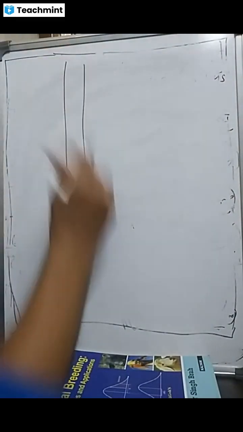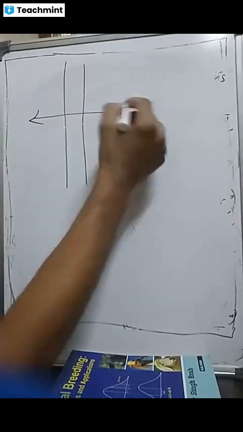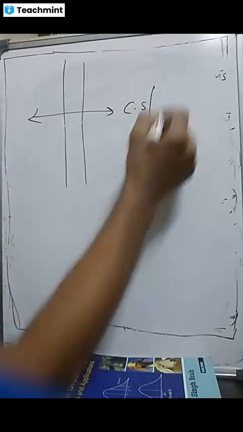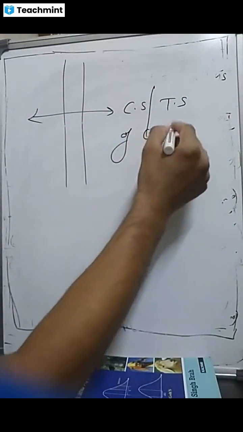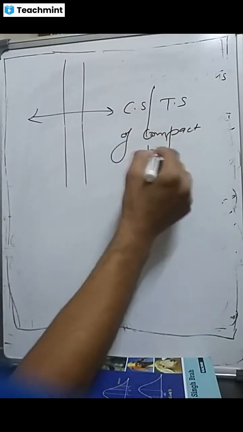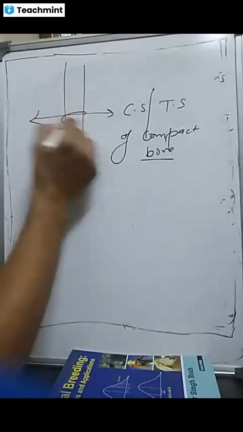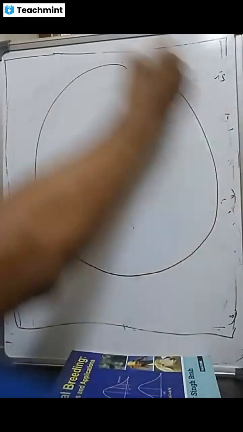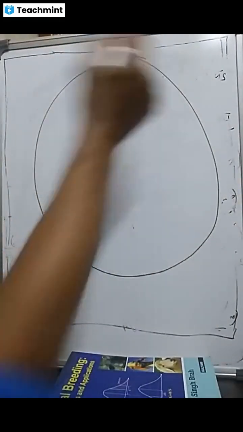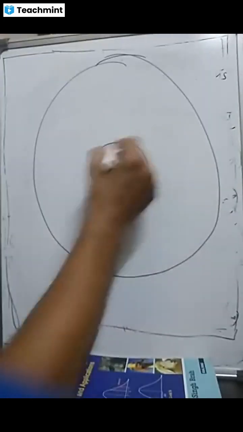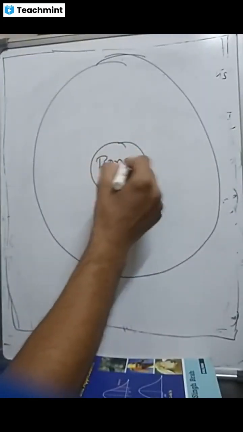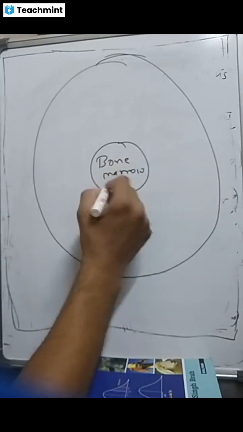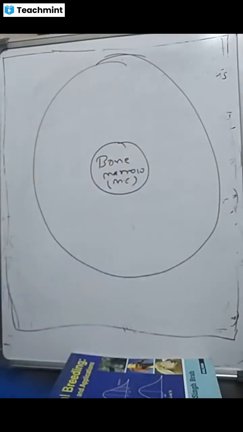So first we'll see, if we take one cross section of the compact bone, this part, then the structure will come out like this. This is the external part. In the center we have bone marrow, or simply the marrow cavity.